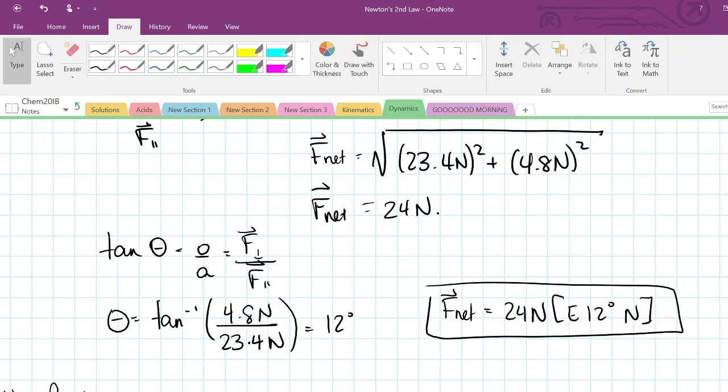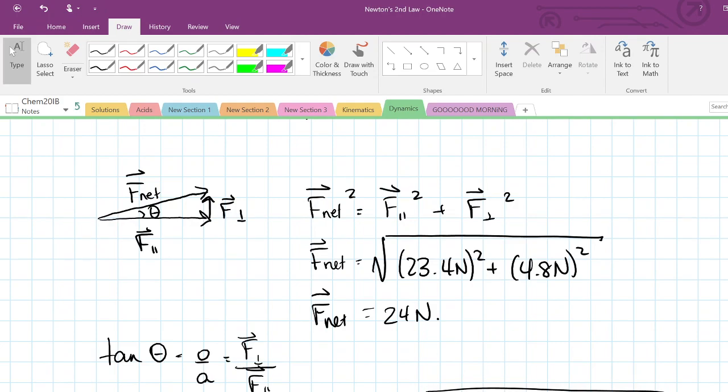The angle is opposite over adjacent, so my perpendicular force and my parallel force, and I get 12 degrees. Which means that my net force when I pull up the toboggan is going to be moving in this east 12 degrees north direction, and it'll be coming out with a force of 24 newtons.